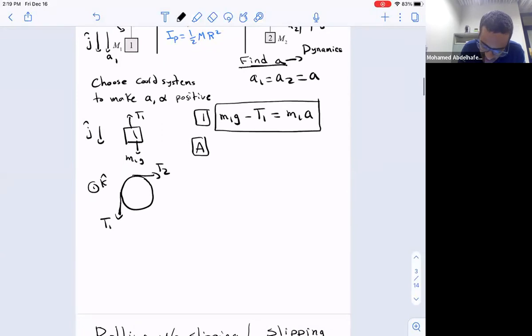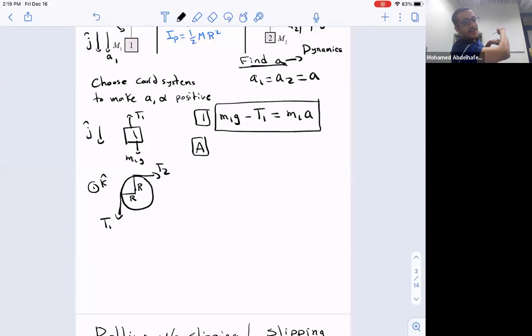So now the equation here: both of these have the same radius R. The torque they create is just the force times the perpendicular distance to the center of mass. Don't forget this, torque is force times the perpendicular distance. T2 is the one that is negative. T2 is trying to make the pulley rotate clockwise.